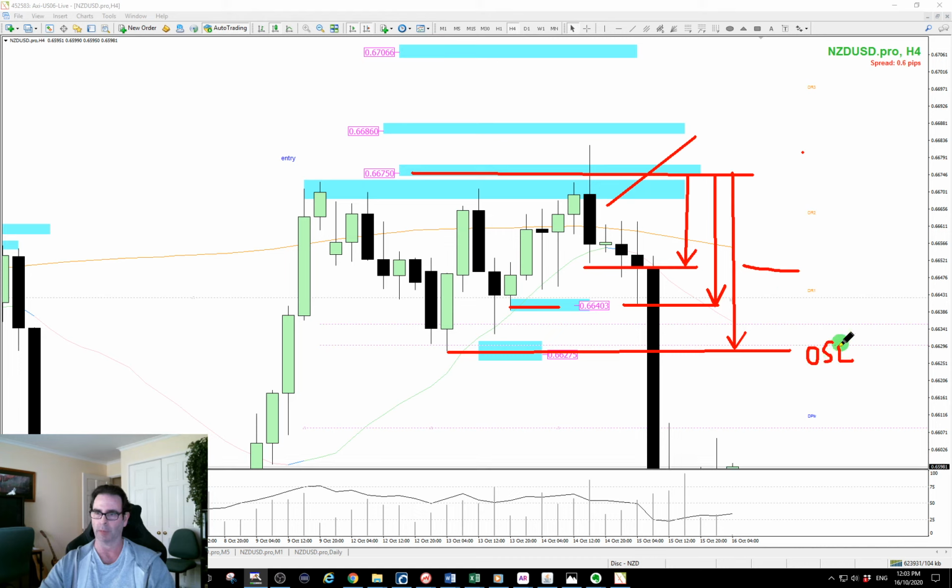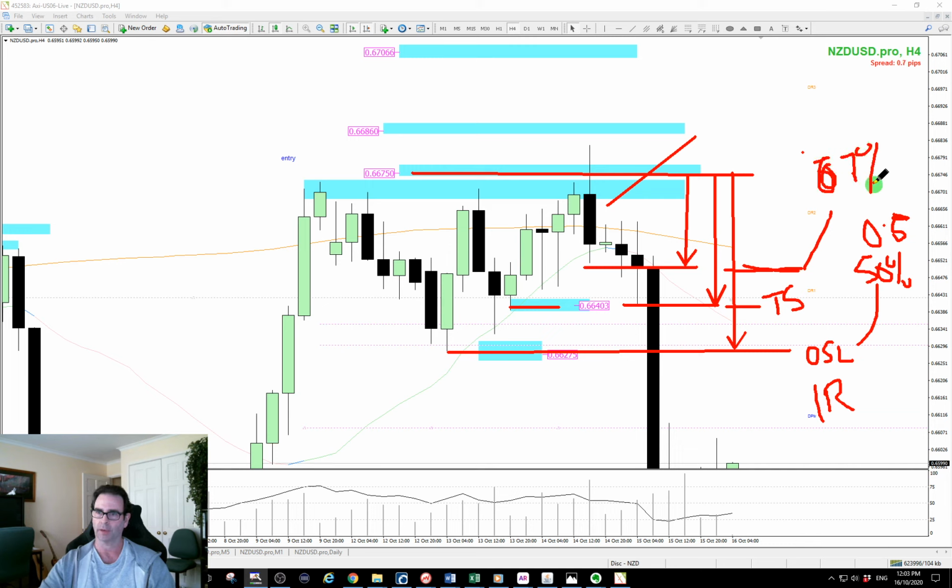Here we can see that would have been 50%. So if this is a 1R loss, here we would have taken 0.5. Pretty good. Even at this stop here, where we've raised our stop up, based on this trailing stop, we've taken about 67% of this push to here.